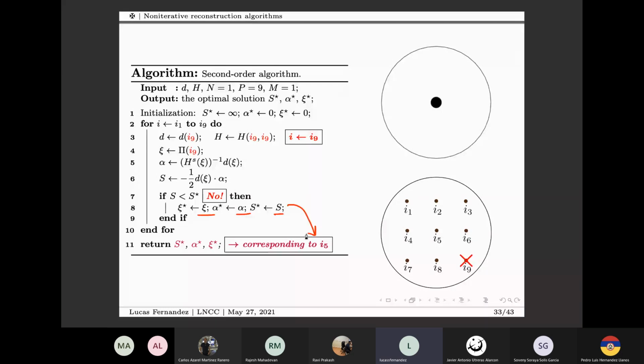Okay, so the reconstruction of multiple obstacles is more complicated, and it requires a combinatorial and exhaustive search over all the nodes over the set X.